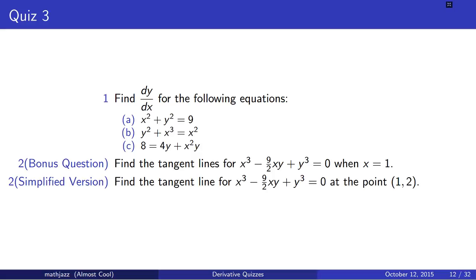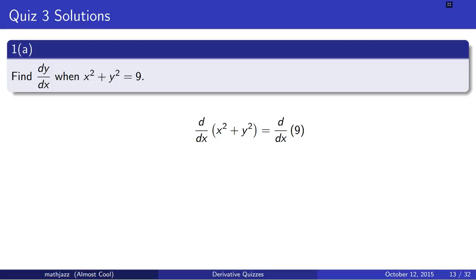Whereas in the bonus question version, you not only have to figure out that this equation has 3 intersections with the line x equals 1, but you have to find the y coordinates for each of those points. So, without any further ado, here are the solutions.